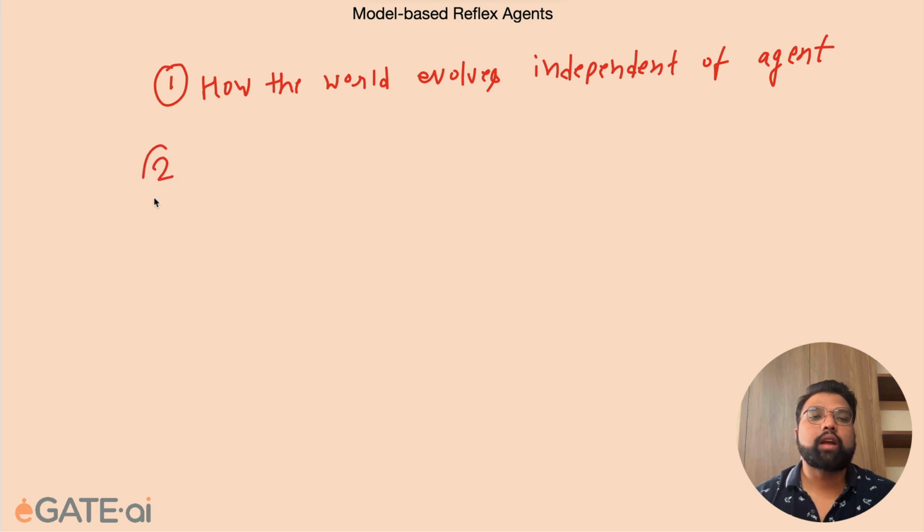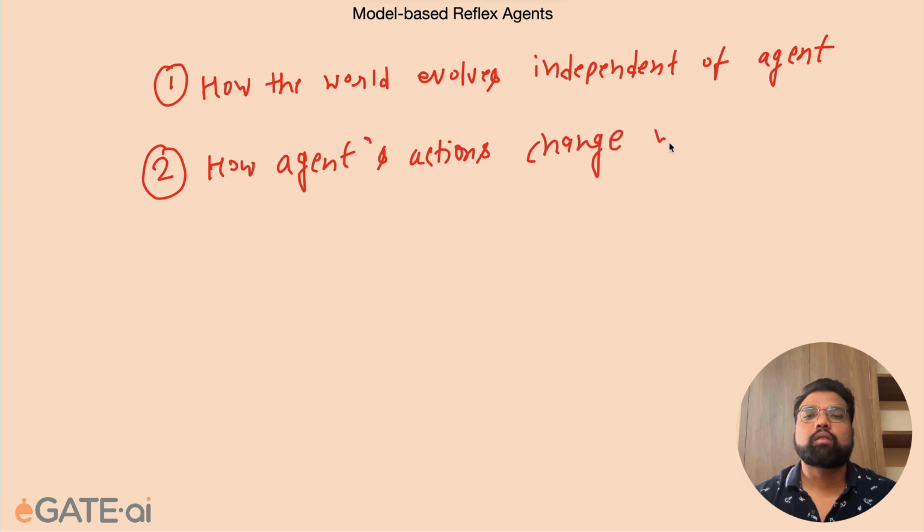The second thing is how the agent's action changes the world, right? Suppose in the vacuum cleaner world, if the agent's action is to suck all the dirt, then the world will change. If the agent is in block A, it will clean the block, right? So there are two pieces of information that the agent has to store so that it knows some part of the unobservable environment.